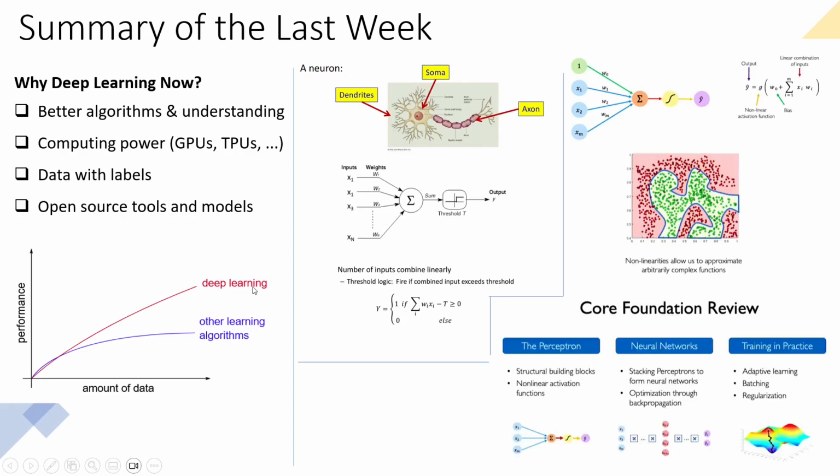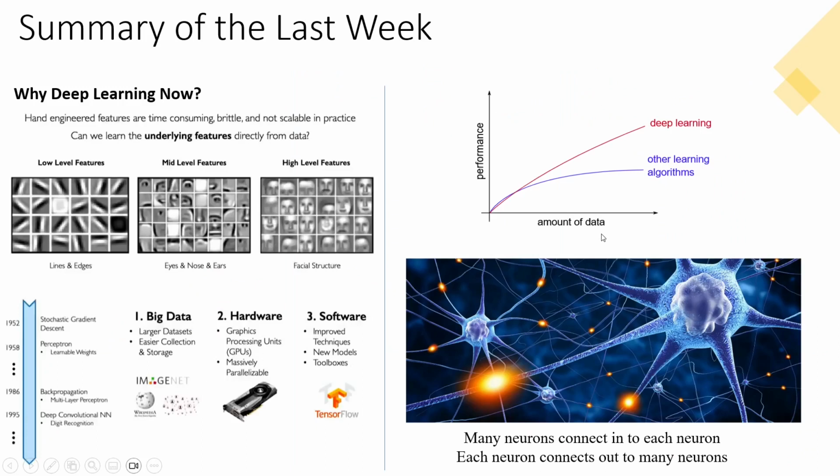So if you have a lot of labeled data, using a deep learning algorithm for any kind of problem is a much better idea. And we have seen the biological motivation of deep learning or neural networks, and then we have seen how we can convert this biological motivation into mathematical convention. We have seen some definitions, so let's try to remember.